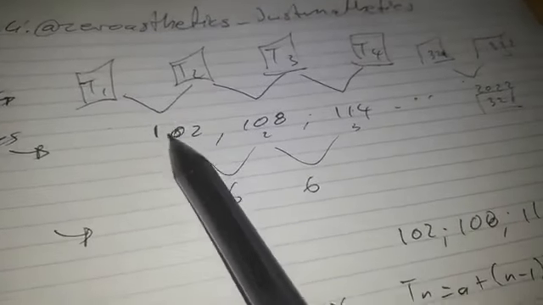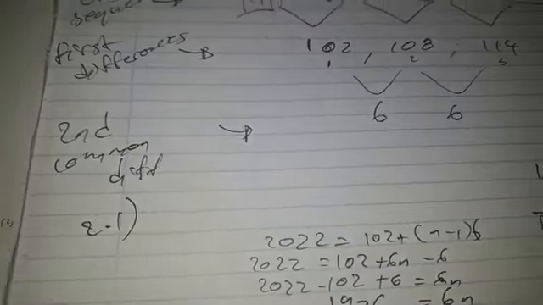See, 1, 2, 3 until 321. So for this one it's between 1 and 2, for this 2 it's between 2 and 3, so for this 321 it's between 321 and 322. So that's for 2.1.